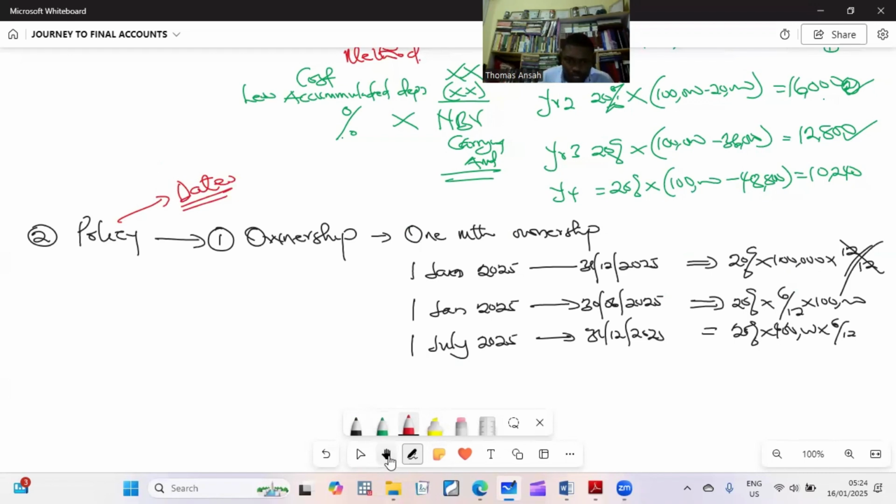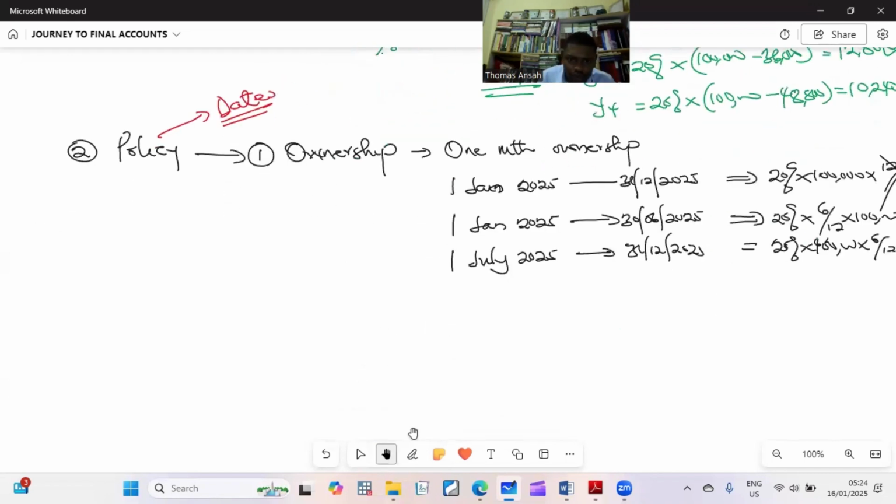All right. Then the next policy is not based on ownership. That one is full year. So we have those ones that are non-ownership based.